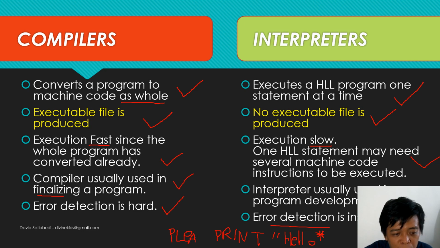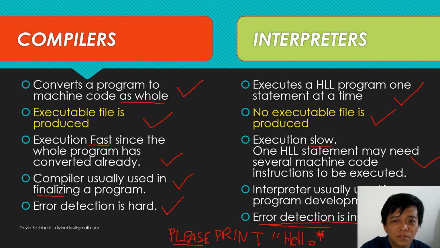I know you want to be polite, but in programming, if you write down, please print hello, obviously it goes error. Why do you say please to the computer? By typing this please, it made the software error, okay? And the error detection is instant. The interpreter says, why are you saying please? It's error, okay? Now you see, do you see the differences between compilers and interpreters?